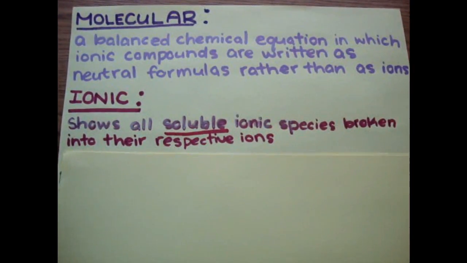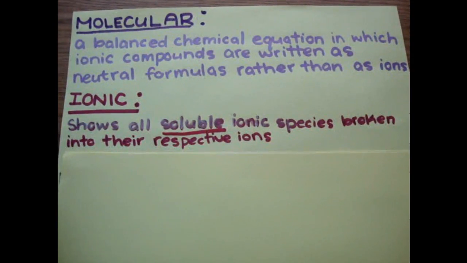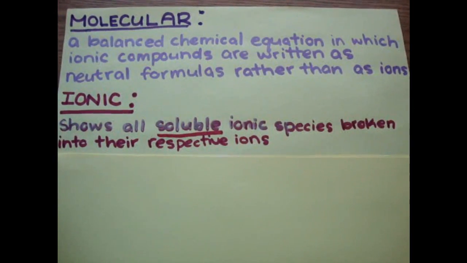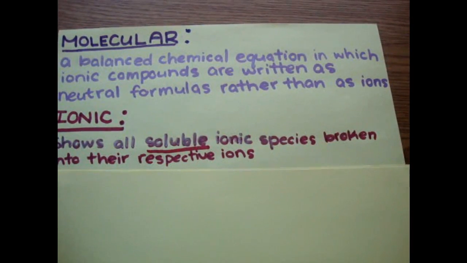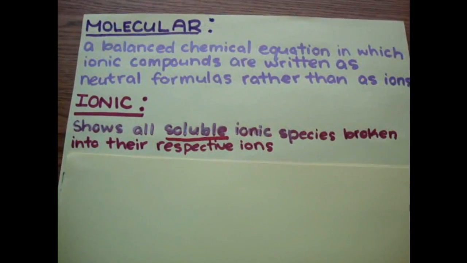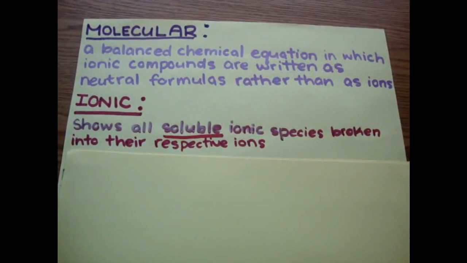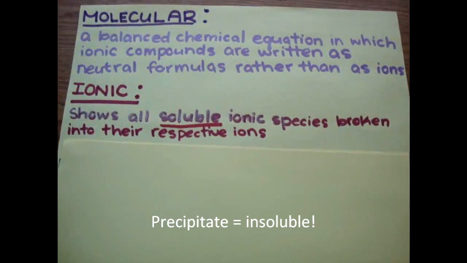An ionic equation shows all the soluble ionic species broken into their respective ions. So what that means is, instead of writing them as compounds, they're going to be written as individual ions with charges. And the key word here is soluble, meaning that everything but the precipitate can be broken down into ions.